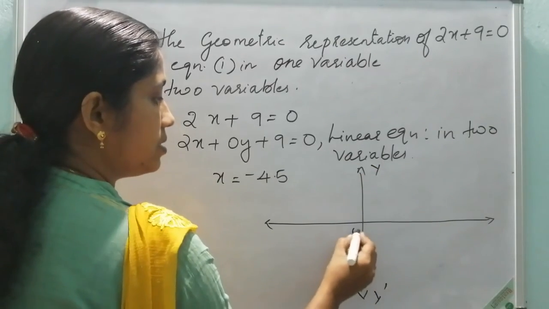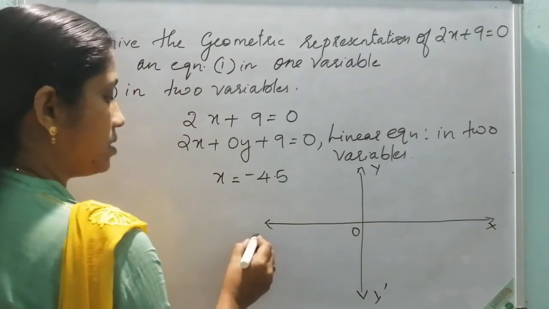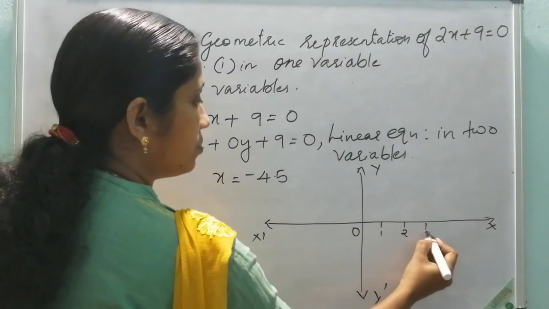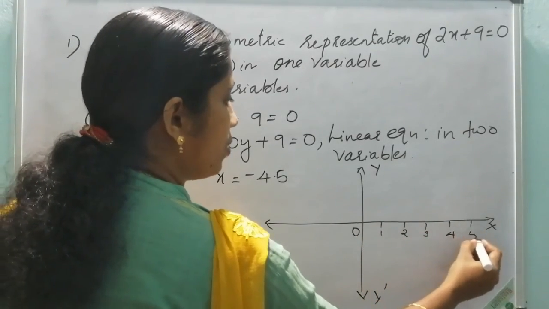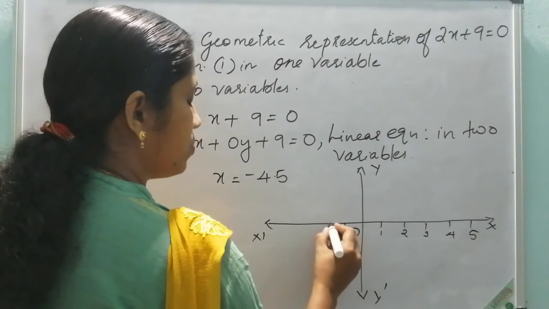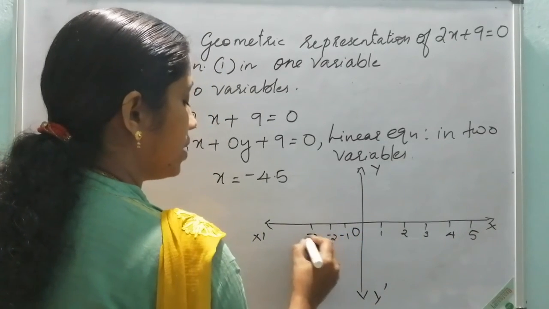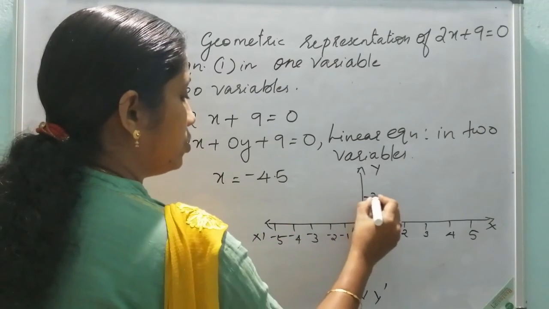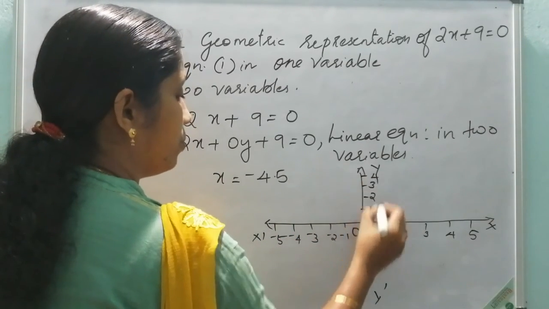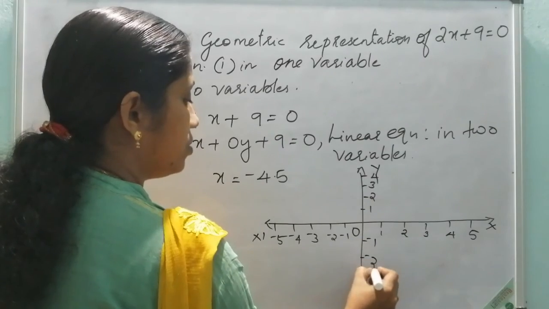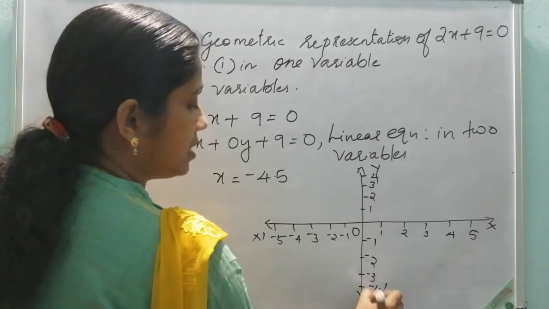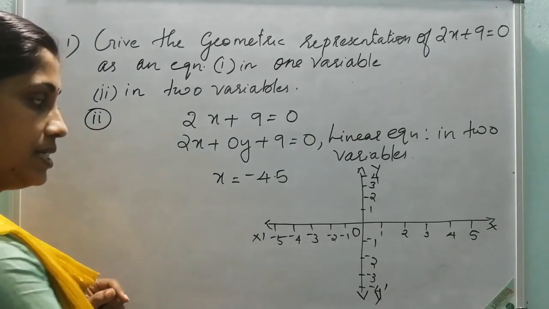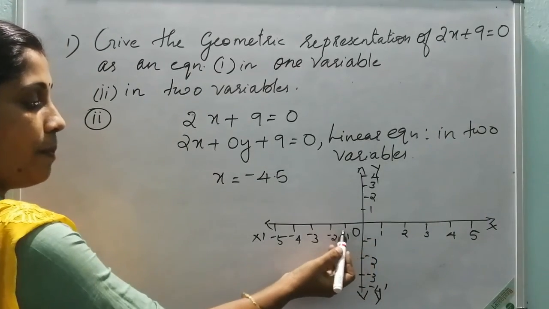Y dash, 0, x dash. X is equal to 1, 2, 3, 4, 5. Here minus 1, minus 2, minus 3, minus 4, minus 5. Here 1, 2, 3, 4. Minus 1, minus 2, minus 3, minus 4. So x is equal to minus 4.5. Where is it?